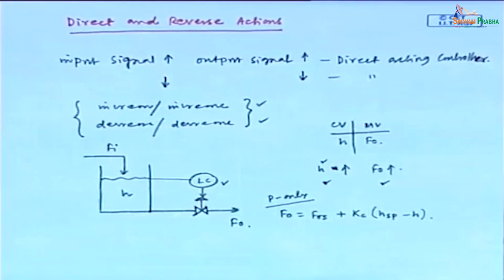Accordingly, we can write the controller equation as F naught equals F naught s plus Kc times error. Error means height set point minus height.